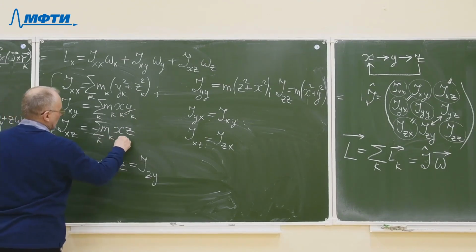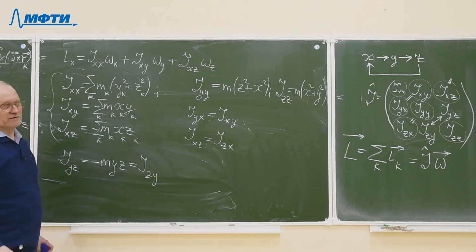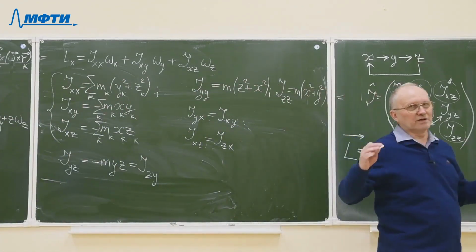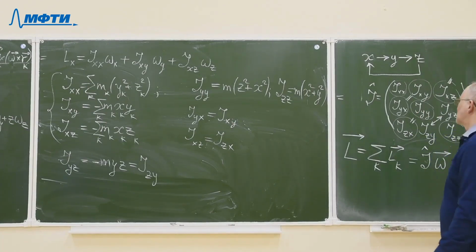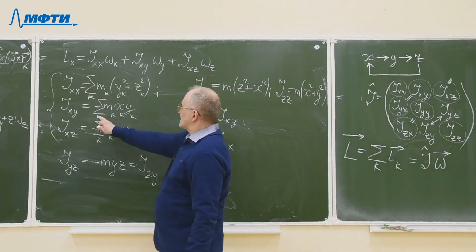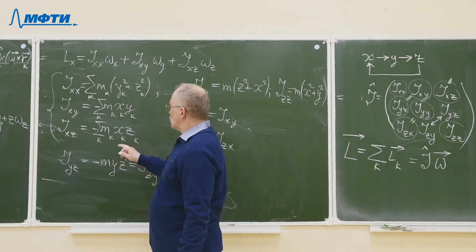Okay, I will not waste my time. Everywhere there should be a summation. You will have to find the sum. In order to find each component of the tensor of inertia, you must sum up these similar expressions over all the points of the solid body.